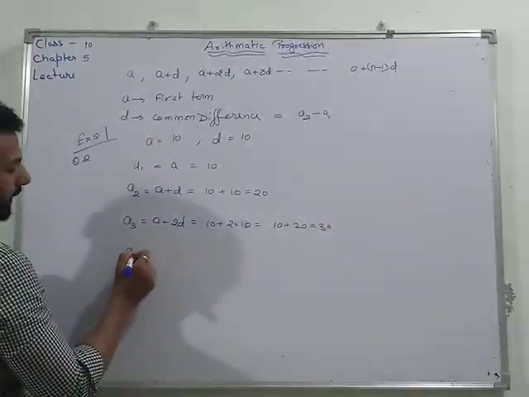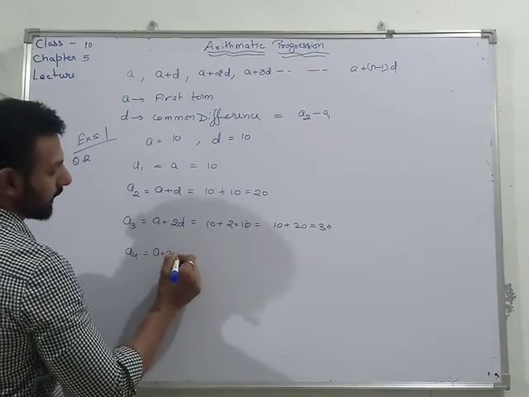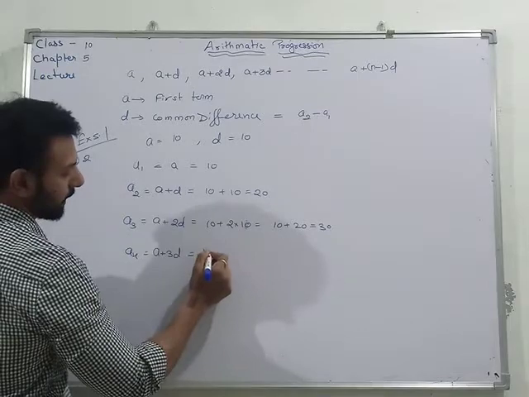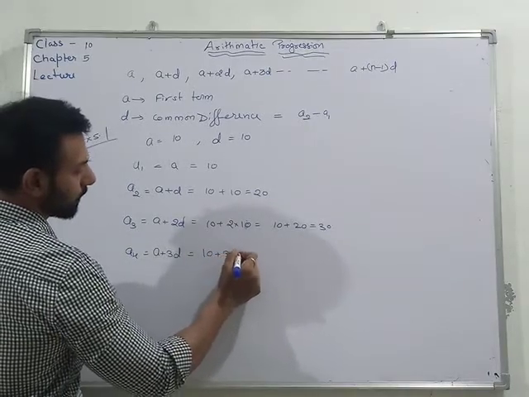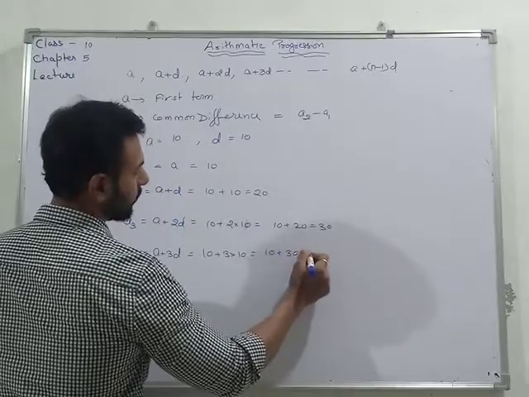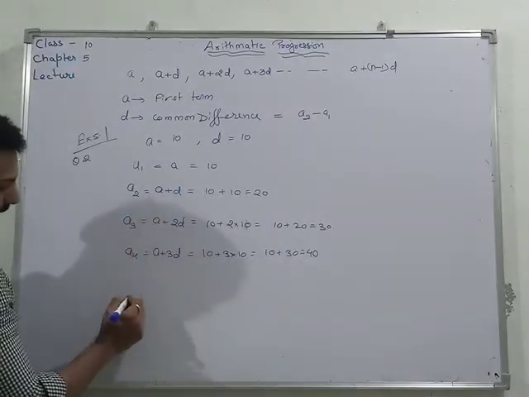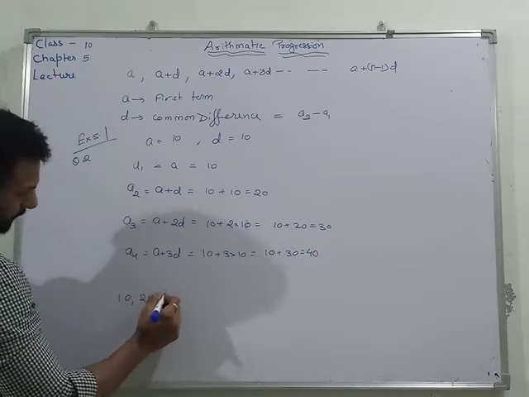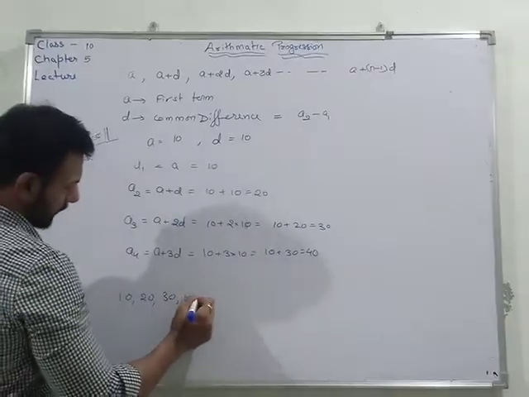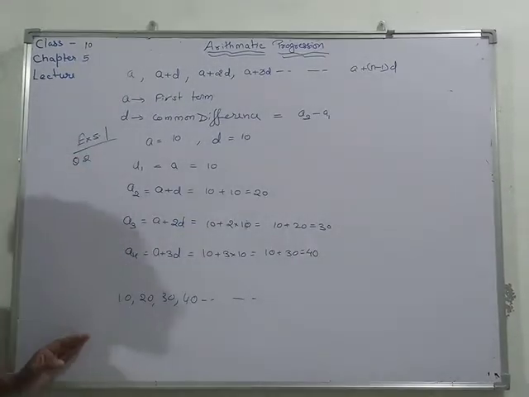And fourth term A4 is a plus 3d, 10 plus 3 into 10, this will be 10 plus 30, which is equal to 40. So the series will be 10, 20, 30, 40 and so on. In this manner we have to solve the question based on it.